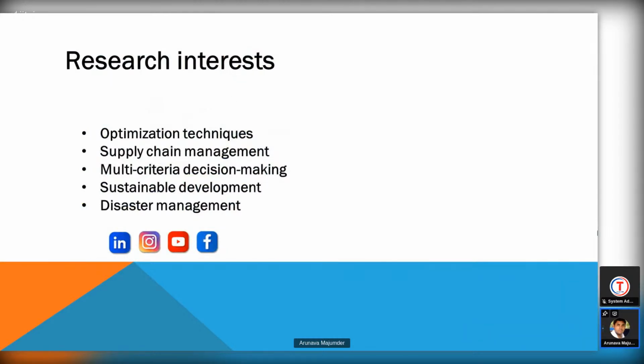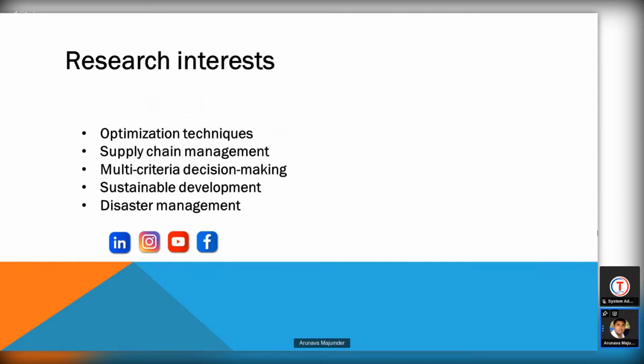Let's start with my profile. My research interests are optimization techniques and numerical optimization, supply chain management, multi-criteria decision making, which is another decision making technique, sustainable development, and disaster management. These are the main focus areas of my research.